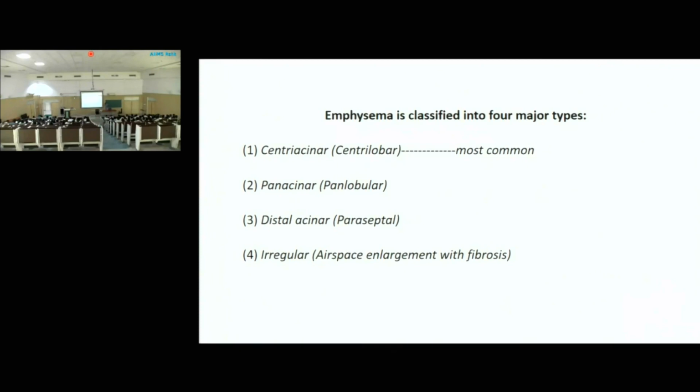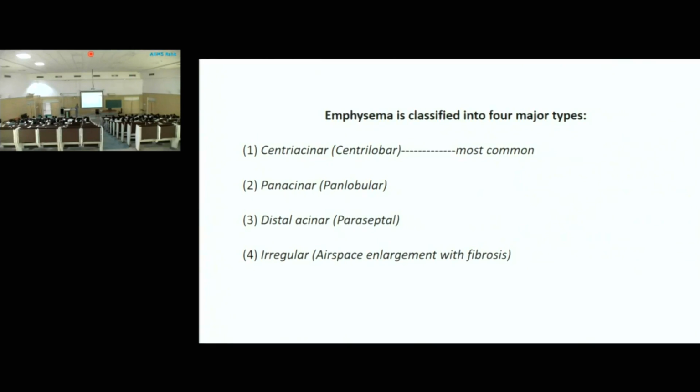So, again, there is one MCQ here. If someone asks, what is the most common type of emphysema? Okay, no problem. So, if the question is asked, what is the most common type of emphysema, then what is your answer?